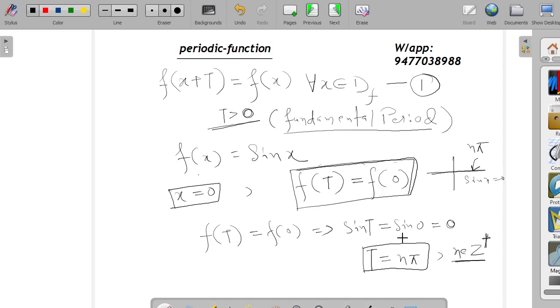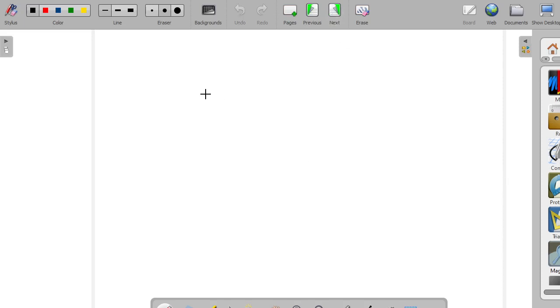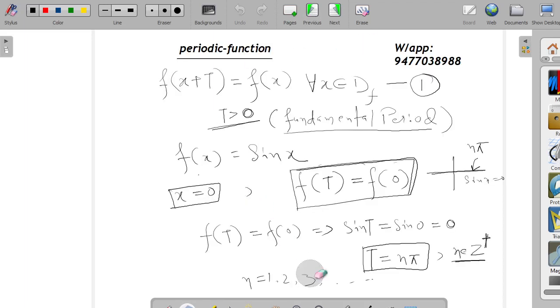Now we need to place a check to determine the period of the function for n equals 1, 2, 3. At n equals 1, we have t equals pi.